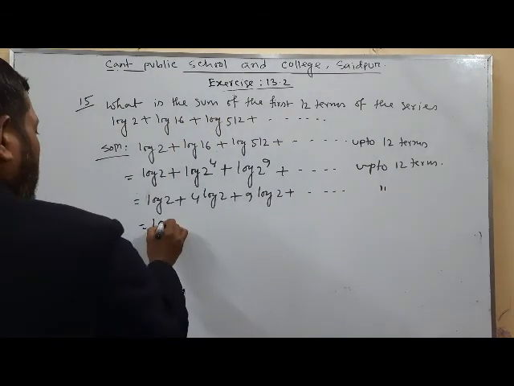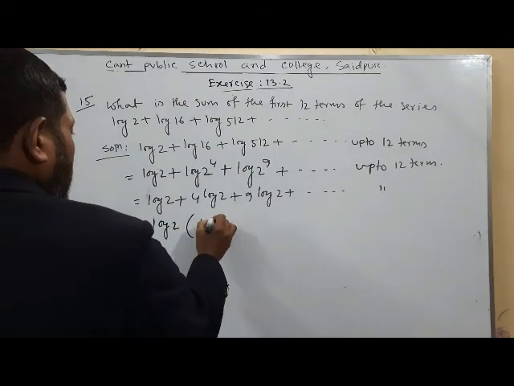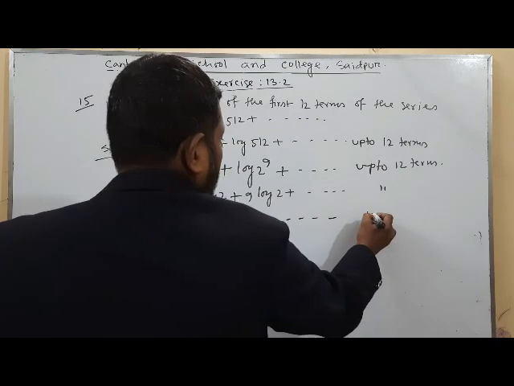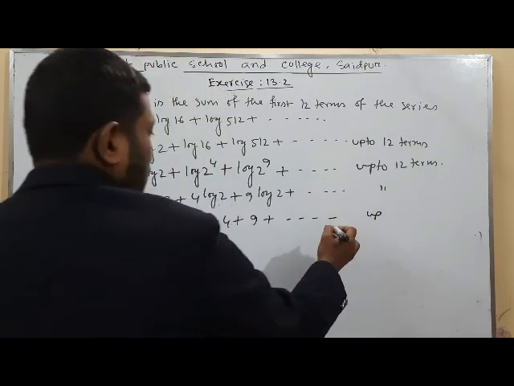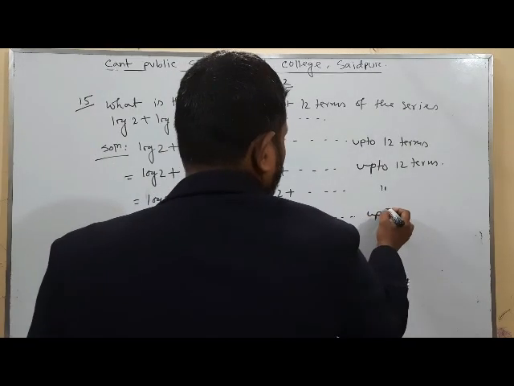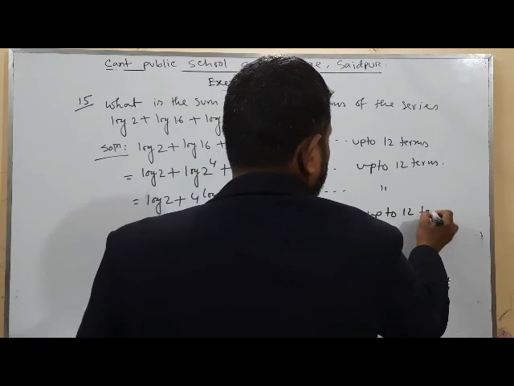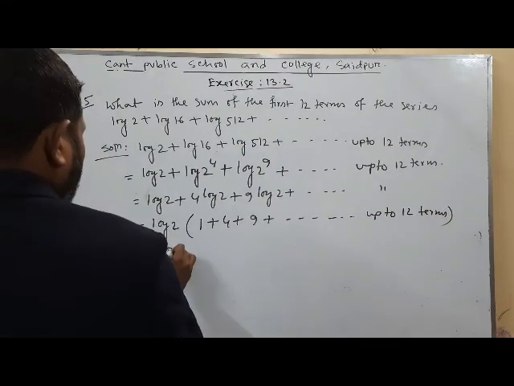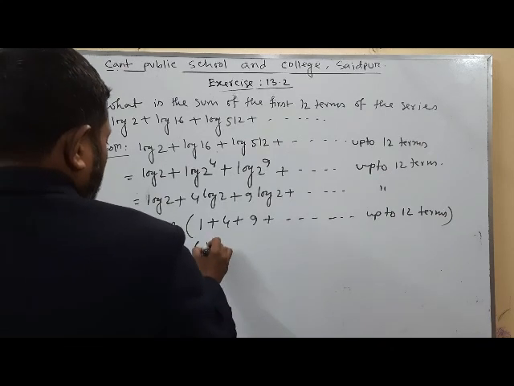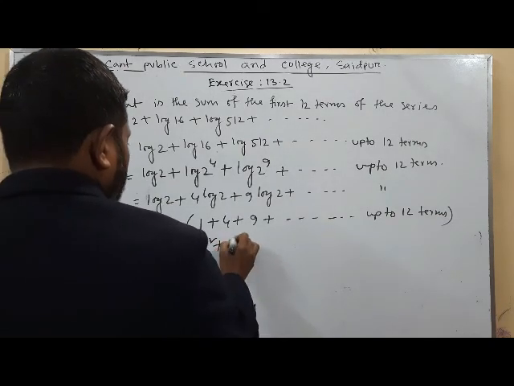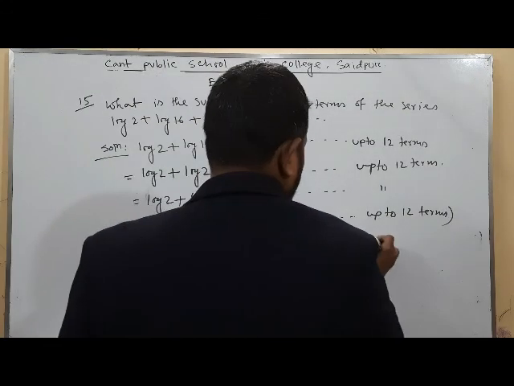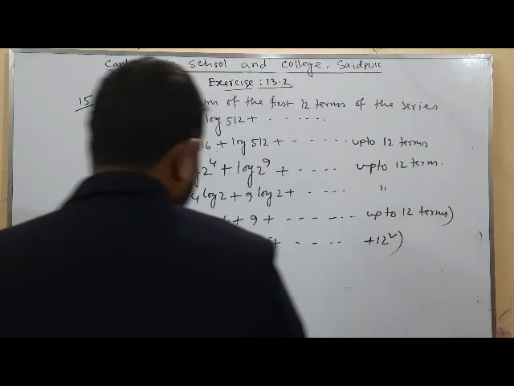If we take common log 2, then we get here 1, 4, 9 up to 12 terms. Here we can write 1 square, 2 square, 3 square up to 12 terms, that is 12 square.